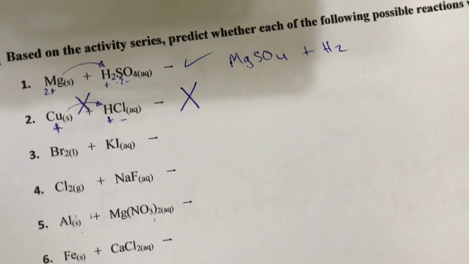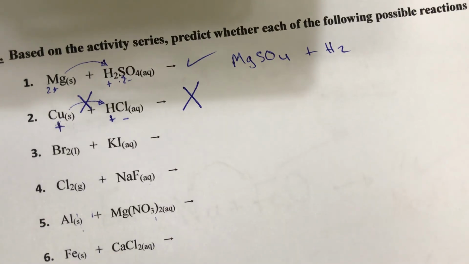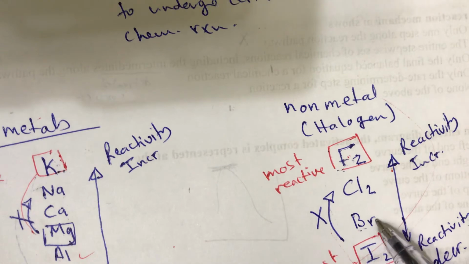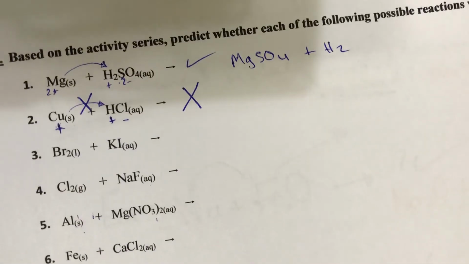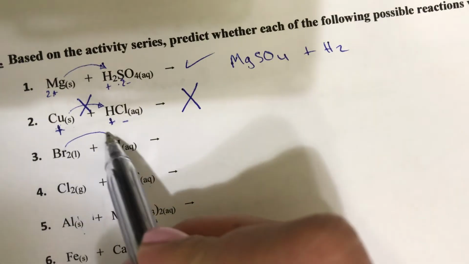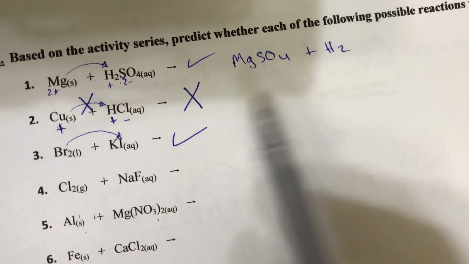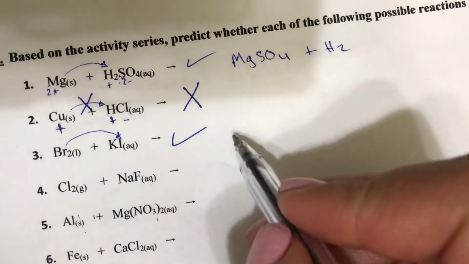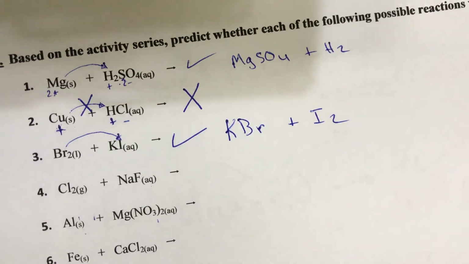Now what about the third one? Bromine plus potassium iodide. According to the series, bromine is more reactive than iodine, so the reaction occurs. What are the products? Instead of potassium iodide, potassium bromide and iodine.